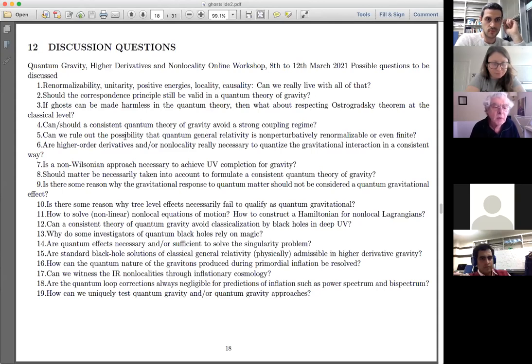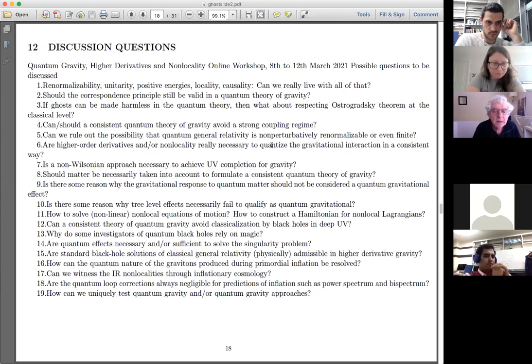We certainly can't rule it out. But what we can find is that the fourth order theory is renormalizable. And there is a possibility that it's finite if we're at a fixed point, but that's still not resolved. Are higher order derivatives necessary? And the answer is yes. Not only are they necessary, they're unavoidable.